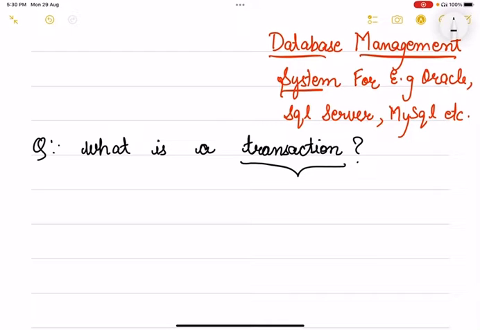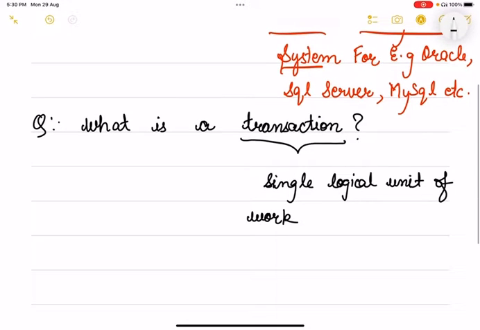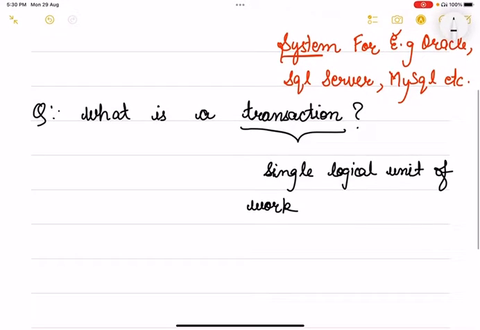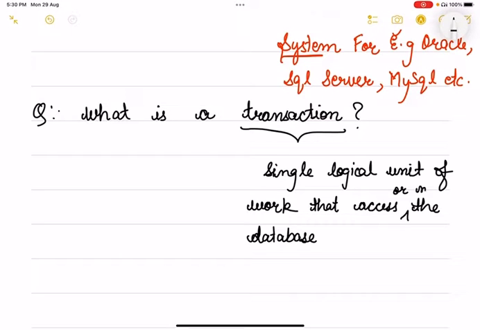What is a transaction? It is a single logical unit of work that accesses or modifies the database.